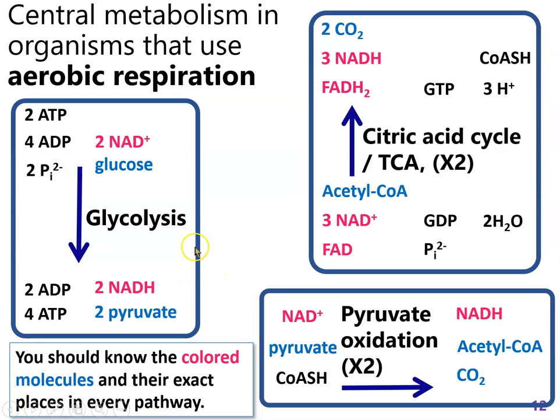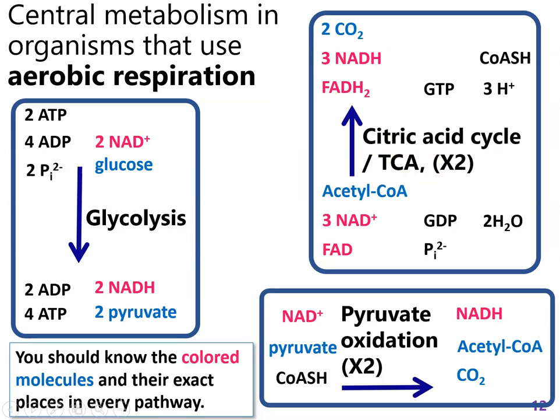And so what you should know is these colored molecules. So the NAD in both of its forms and all the carbon containing molecules. So this, these 3, and these 3. From our point of view today, those are the molecules that matter. And you should know which ones are products and which ones are reactants. What is an input and what is an output.